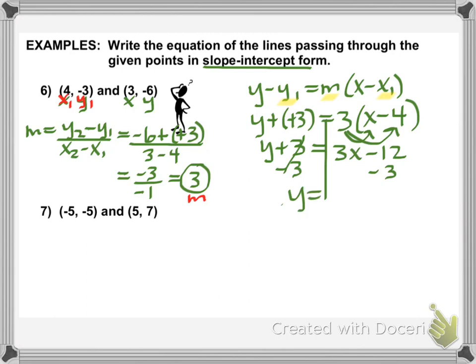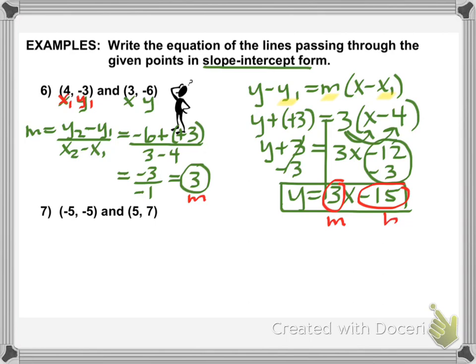So y equals 3x. That minus 3 can combine with the minus 12 to make minus 15. So there's our equation in slope-intercept form. Notice I can still see that slope that I just found of 3, but now I can see the y-intercept of -15.